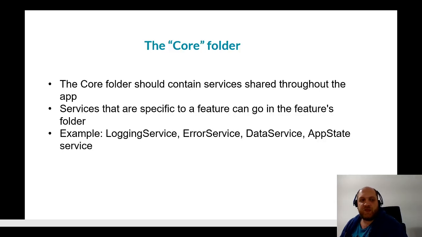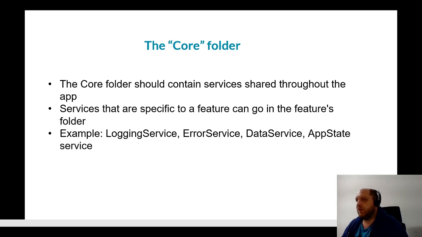Now, besides these feature-based folders, like I said, we have a feature called shopping cart, and we have a folder called shopping cart. But there are two very important folders in Angular best practices and patterns, which are the core folder and the shared folder.